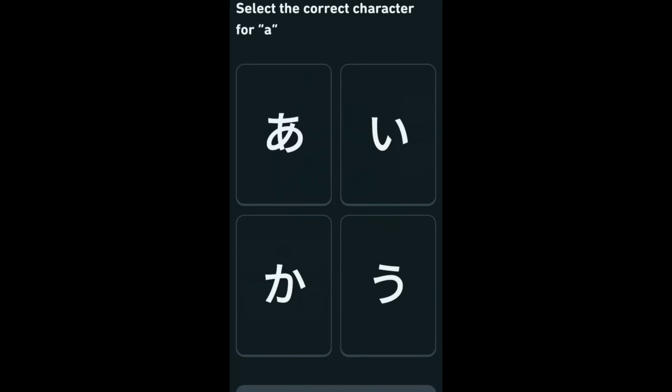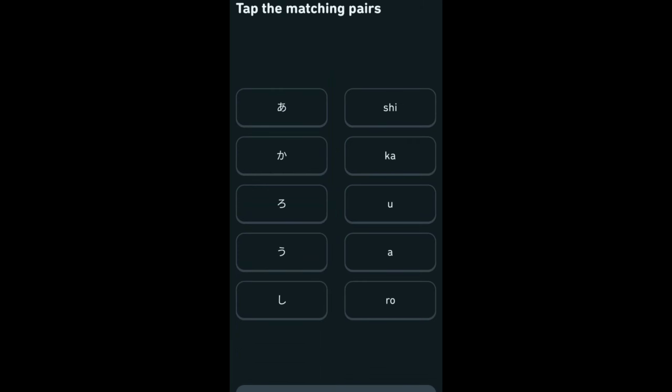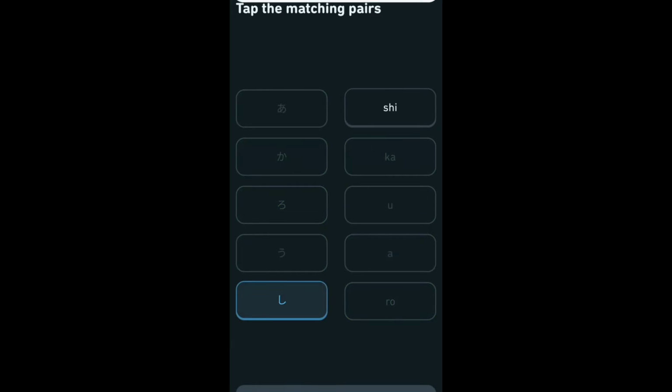It's ah. What is the character for ah? You've even written this in your books, I presume. Great. Now ah. This is ah. This is ka. This is ro. And this is she. Well done.